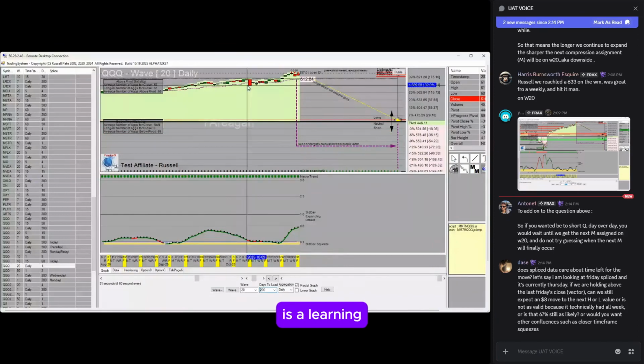That vector is a learning system, and it's learning where support and resistance is at. And it's telling us that for the bulls to maintain control, they need to be at or near that vector. When they start to stray too far beneath that vector, the bulls are basically throwing in the towel.